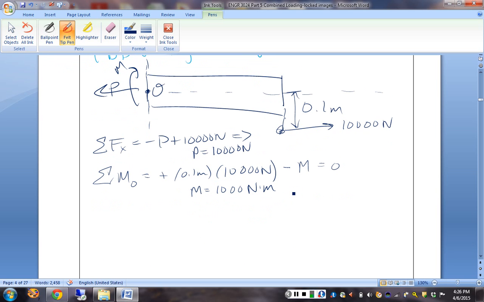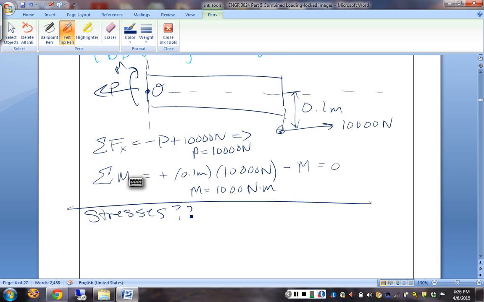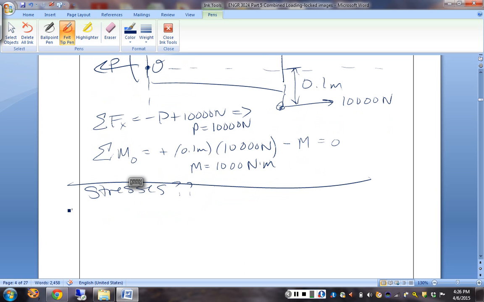How do we figure out, we've got loads, internal reactions, now we want stresses. Stresses. What do we got going on? We got two things. We got bending stress. How do we calculate that? Stephanie.